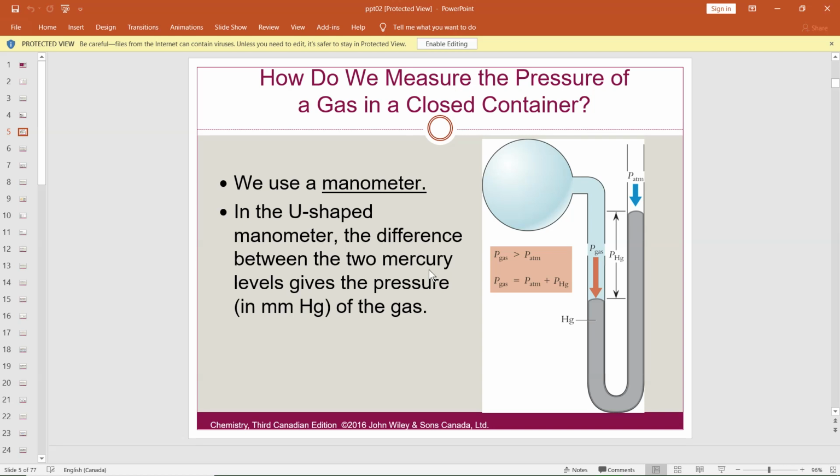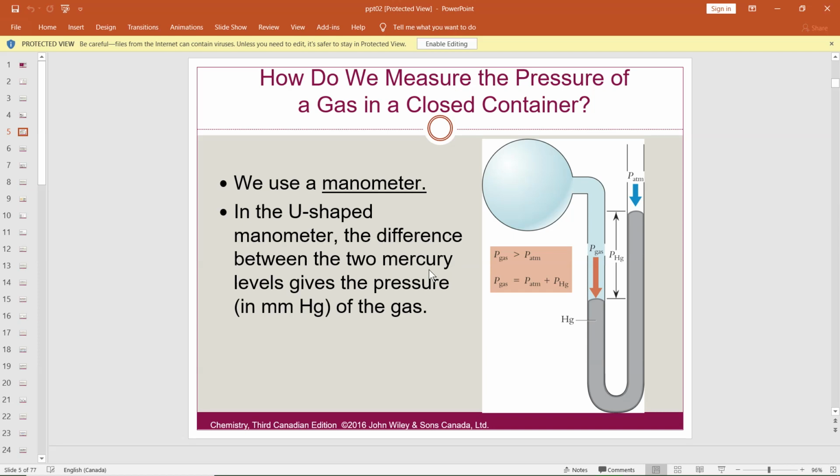This drawing here is an open-end manometer, and therefore we can look at the difference between them and calculate the pressure of the gas. So it's the atmospheric pressure plus the difference in the height of the two levels.